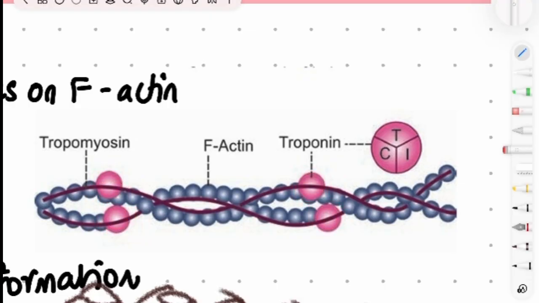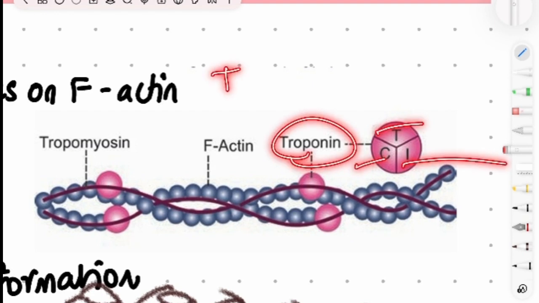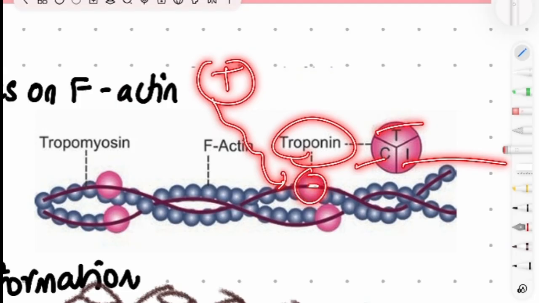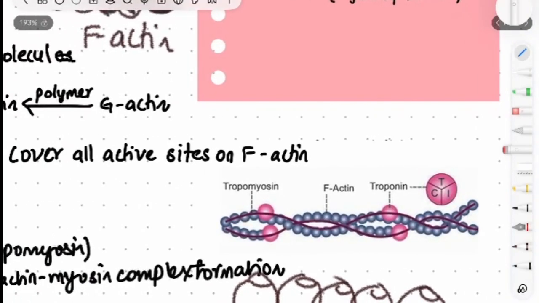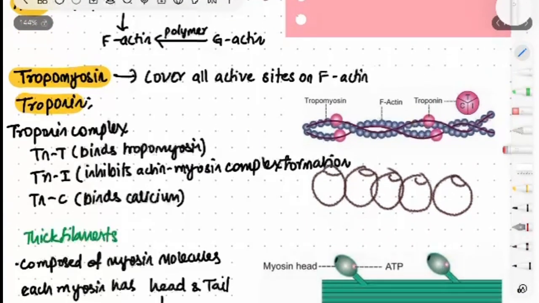These troponins are of three types: troponin T, troponin C, and troponin I. Troponin T helps in the attachment of troponin to tropomyosin, whereas troponin C helps in the attachment of calcium during muscle contraction. Troponin I helps in the formation of the actin-myosin complex, which we'll study later.